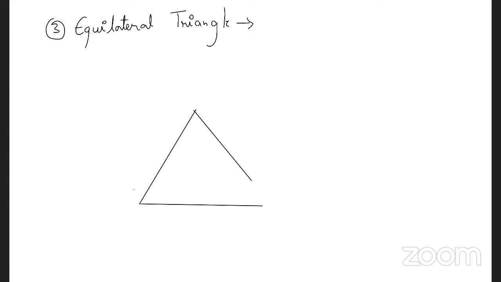Okay, let's make this. A triangle in which measure of all the sides are equal is called an equilateral triangle.